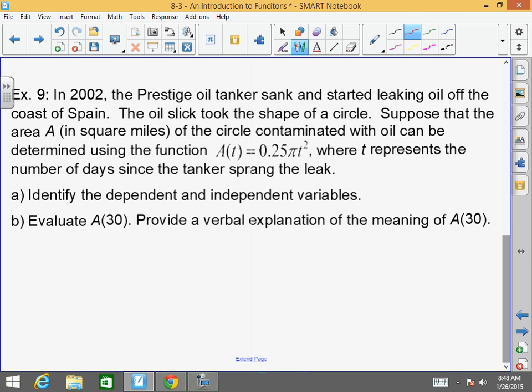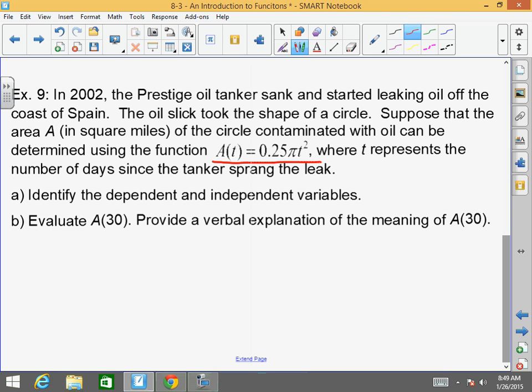Suppose that the area A in square miles of the circle contaminated with the oil can be determined by using the function A of t equals 0.25 pi t squared. Let's look at that. This is function A representing area, where t is the independent variable, where t represents the number of days since the tanker sprang the leak.